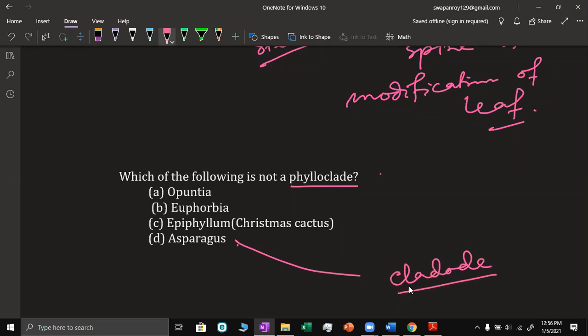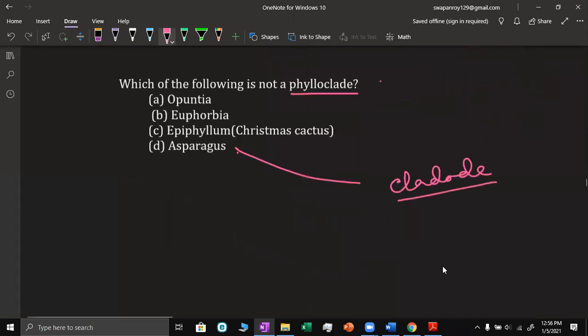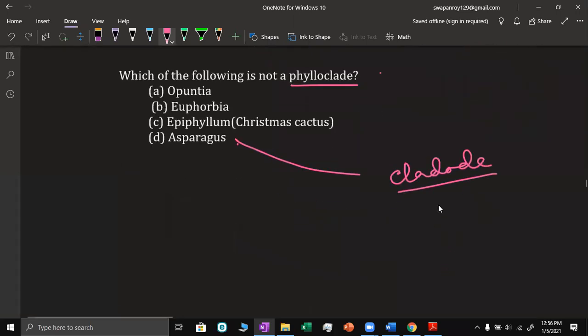Okay. Cladode is also phylloclade, phylloclade with one or two nodes, a single node or two nodes.